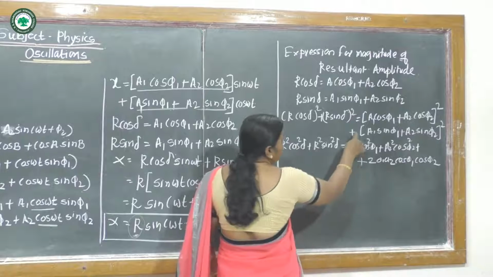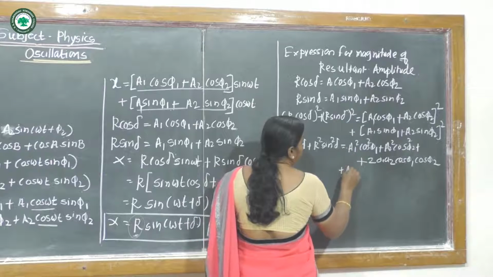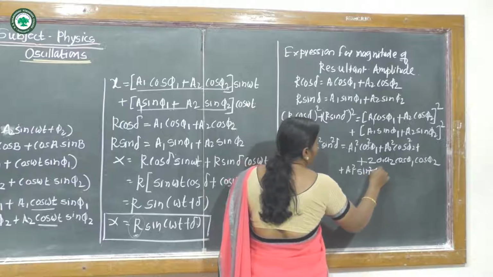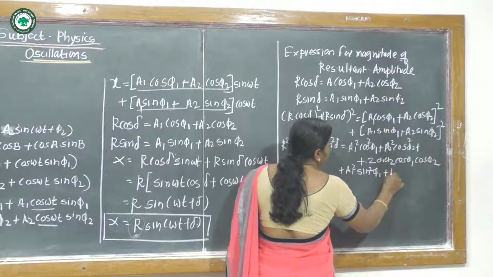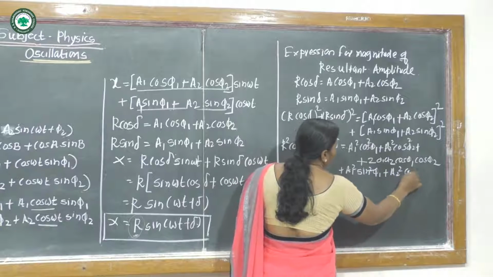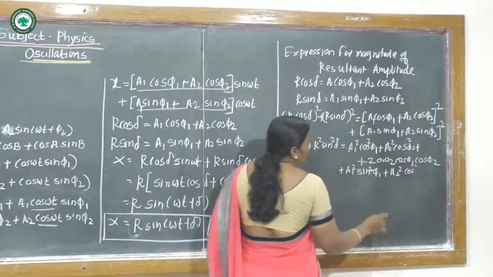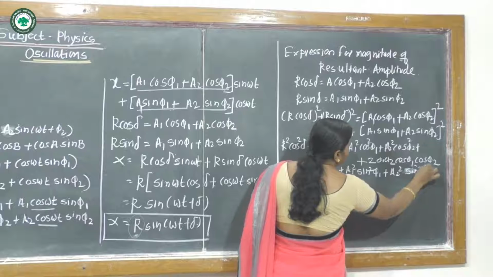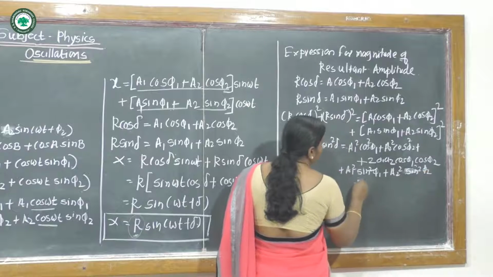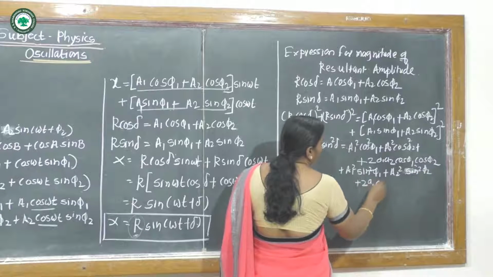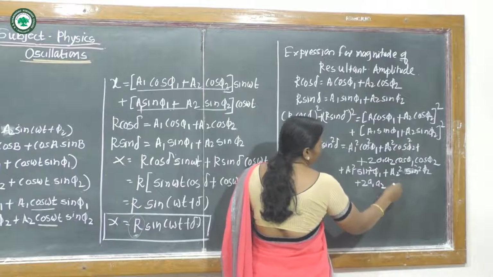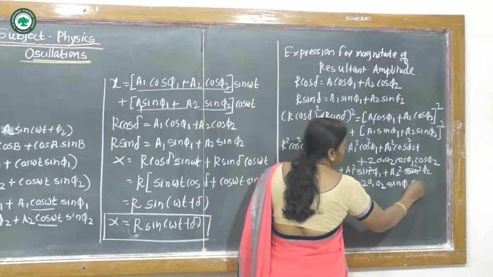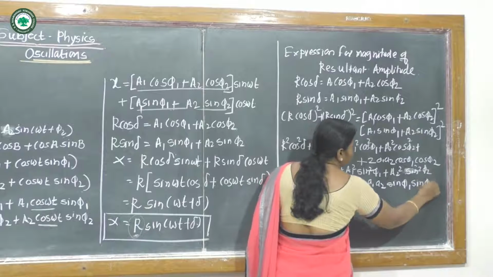Then again squaring this term, we get A1 square sin square phi 1 plus A2 square sin square phi 2 plus 2A1 A2 sin phi 1 into sin phi 2.